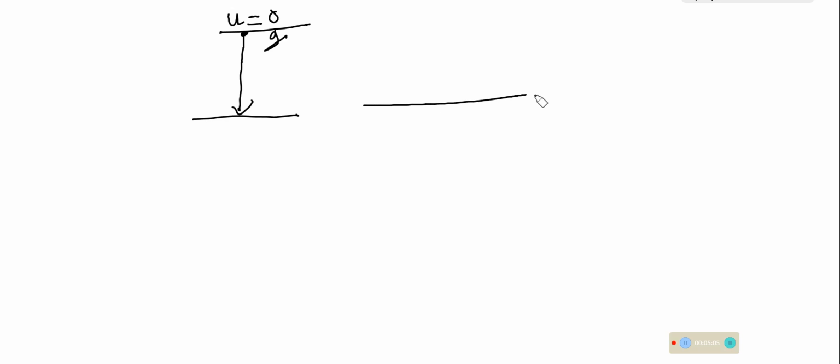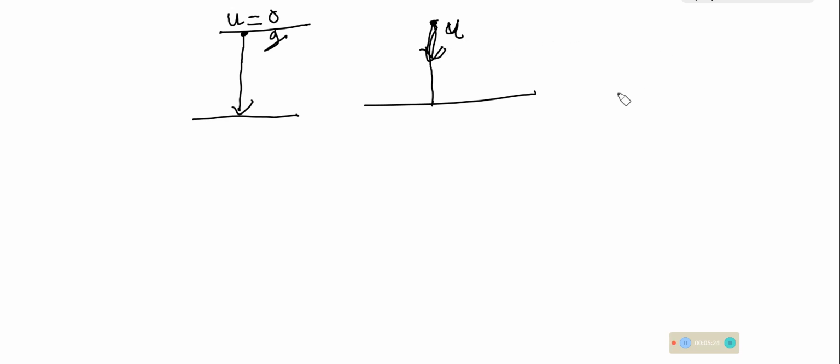And second, when we give some velocity u to an object, this will also be a straight line motion, and so this is also a 1D motion.